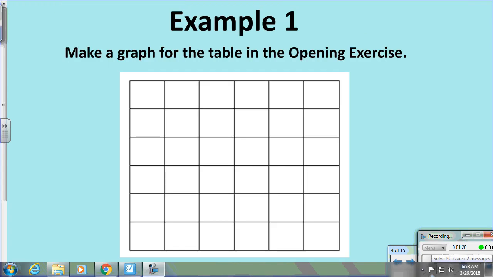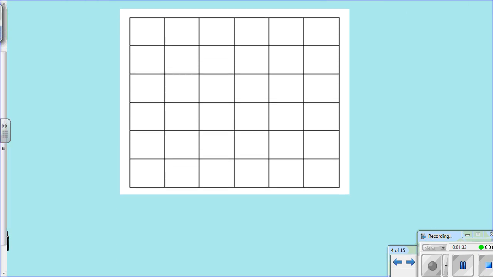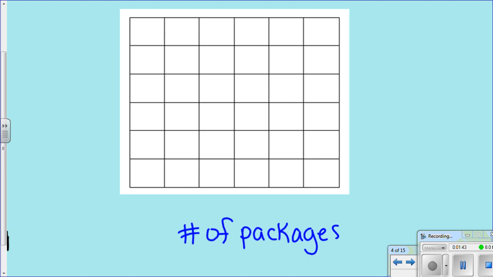From that table of information, we are going to create the graph. Remember, graphs need labels on both axes. And down here, I'm going to put the number of packages. And this will be my x-axis, and that will be my independent variable.